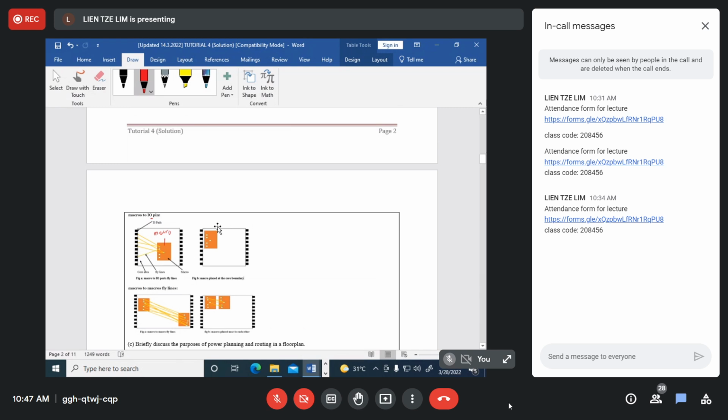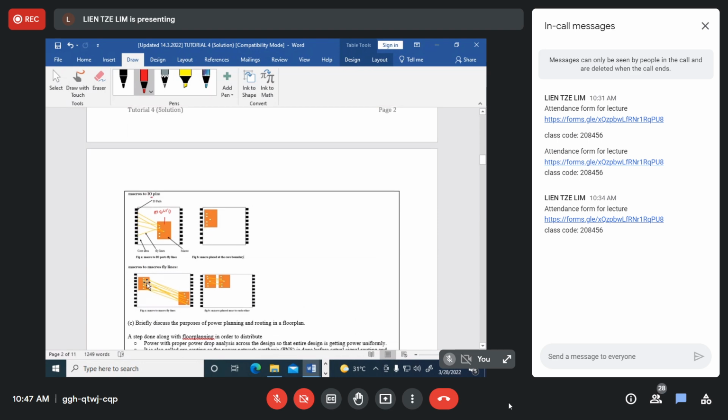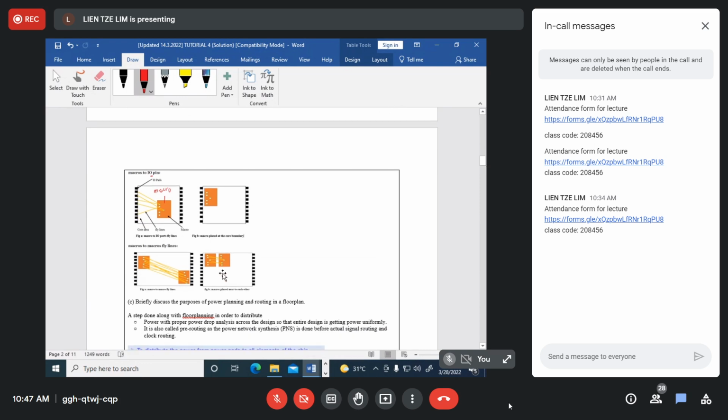And also the macro is placed at the core boundary. This is a macro that is placed at the boundary of the core. And this is the macro to macro fly line, and macros are placed near each other. So this is the requirement.